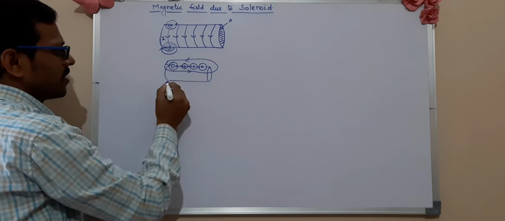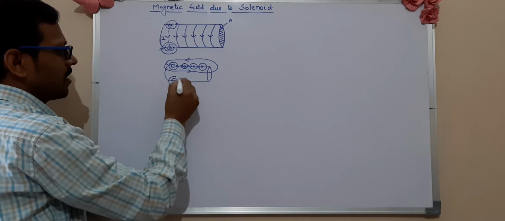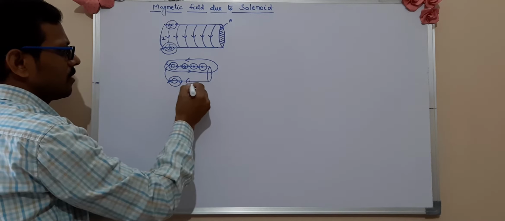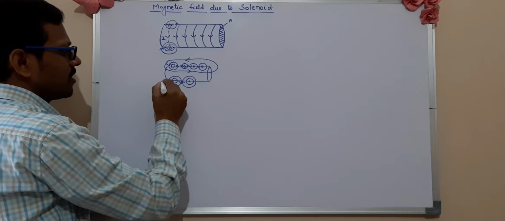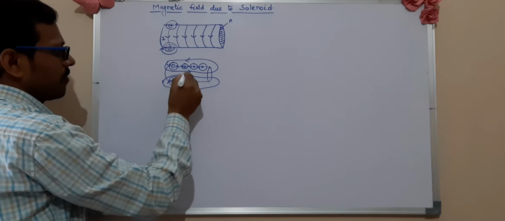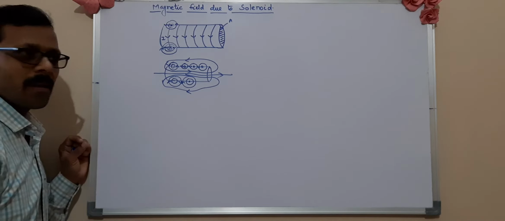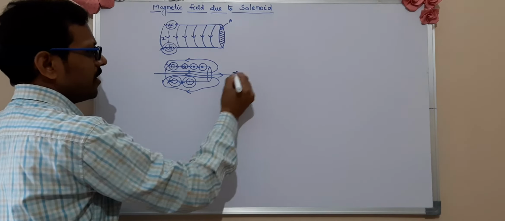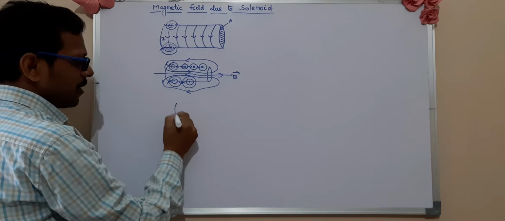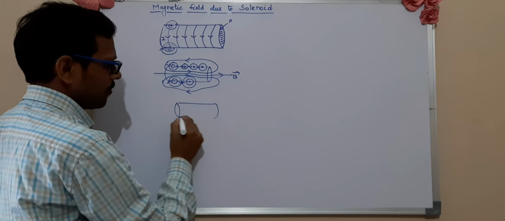And similarly at this point you will find the direction is clockwise. So the result will be like this. So overall you will find the main direction of the magnetic field.